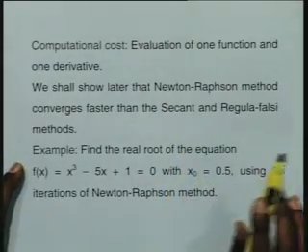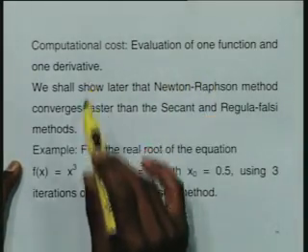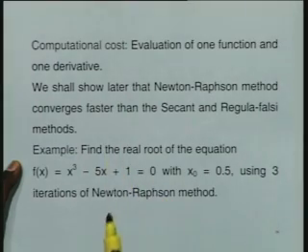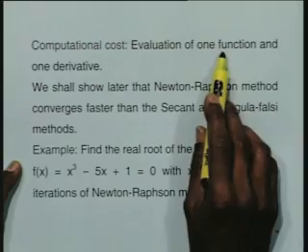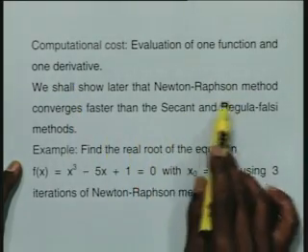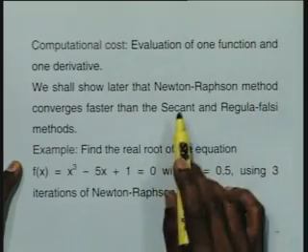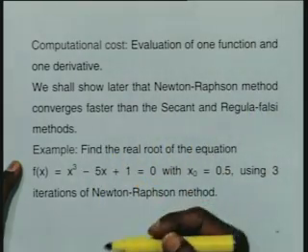First of all, the computational cost. The computational cost has increased compared to the secant method. We have to evaluate one function and one derivative. Given x k, we need f of x k and f prime at x k. So the cost of evaluation has gone up, but we shall show later that the rate of convergence of the Newton-Raphson method is much higher than the secant and regular false position methods.